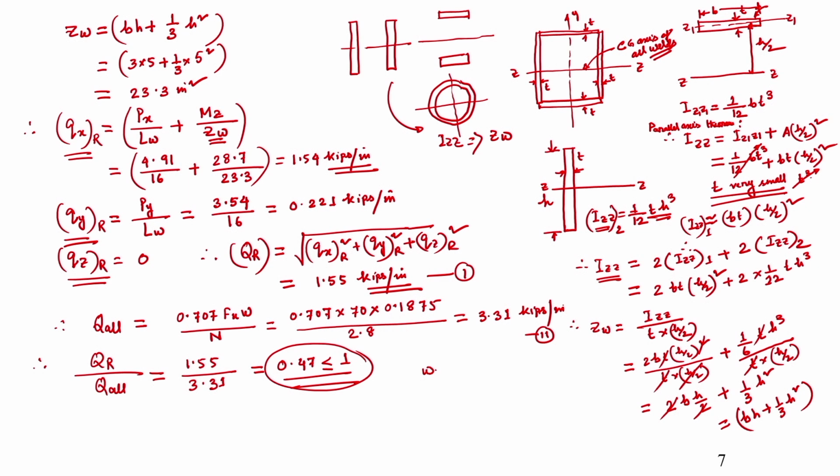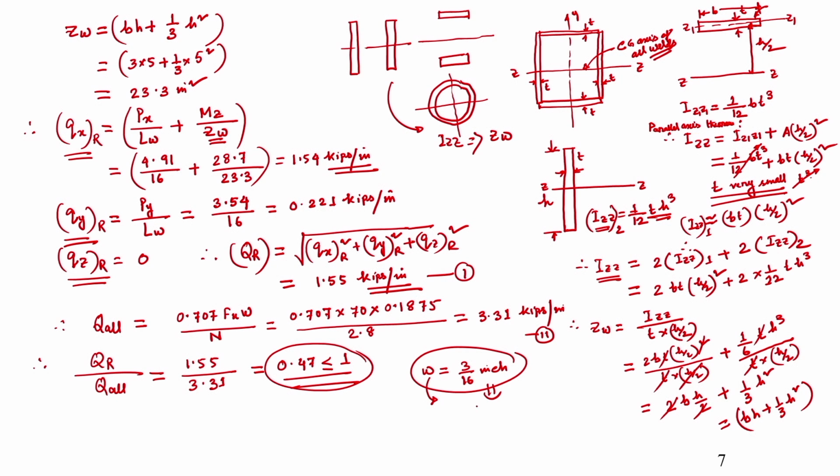So what can you do? You can reduce your weld size, because the weld leg length we considered was 3/16 inch. This 3/16 inch weld gives a very high safety, since 0.47 means you can go up to 1. This weld consumes more weld material, more power, more cost and more time.